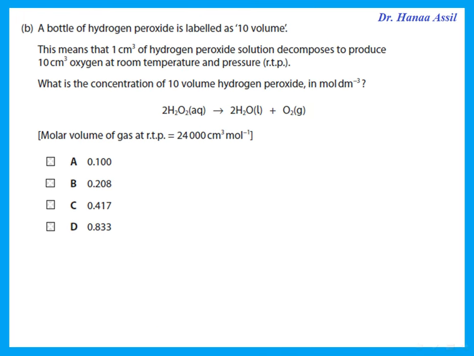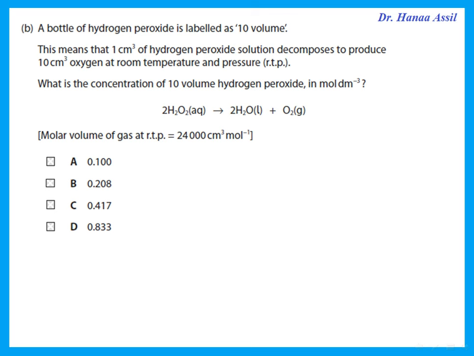A bottle of hydrogen peroxide is labeled as 10 volume. This means that 1 centimeter cubed of hydrogen peroxide solution decomposes to produce 10 centimeter cubed oxygen at room temperature and pressure. What is the concentration of 10 volume hydrogen peroxide? Okay, so he's saying 1 centimeter cubed of hydrogen peroxide decomposes to produce 10 centimeter cubed oxygen at room temperature.